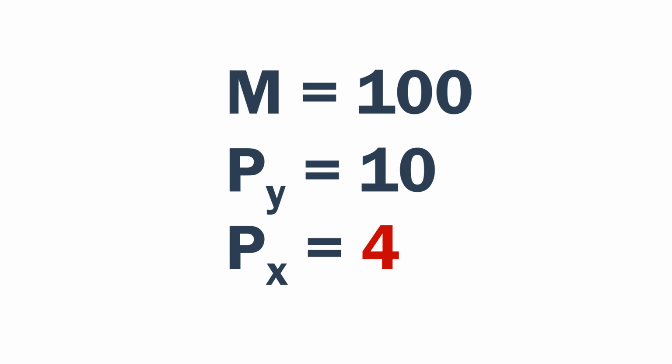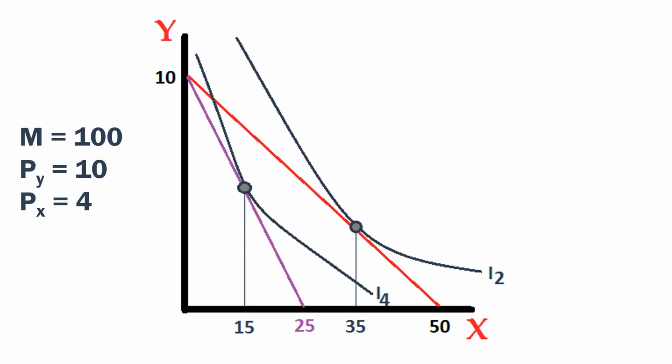The next thing that we could do is take that exact same setup, but now theoretically change the price of x to 4. This will shift around our budget constraint. It'll twist it. And so now our budget constraint looks like this purple line here. What has happened to our budget constraint is that it has just rotated.